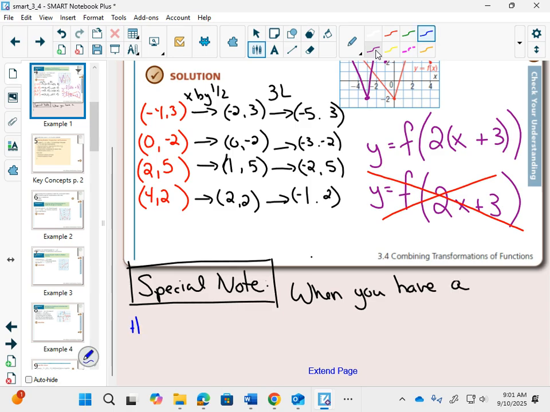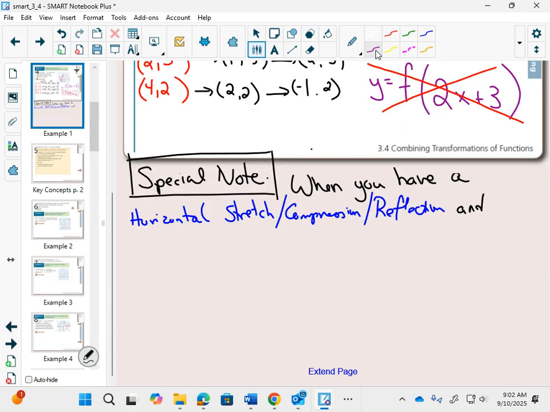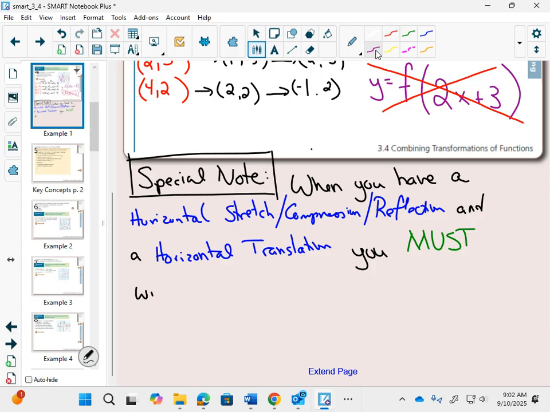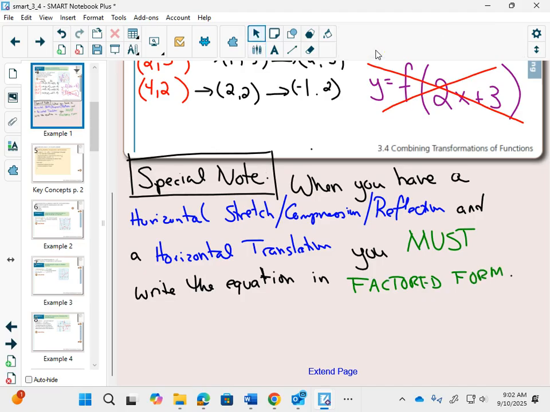When you have a horizontal stretch / compression and or / reflection and a horizontal translation, you must write the equation, it must be written in factored form.